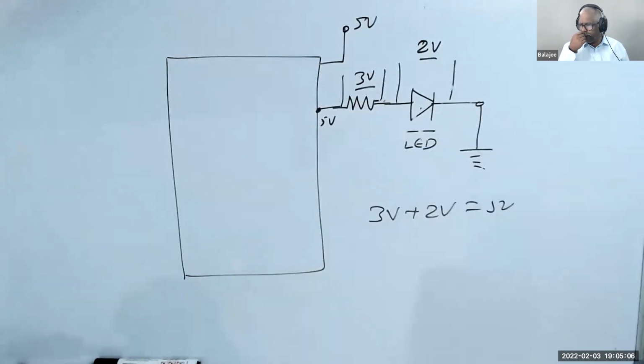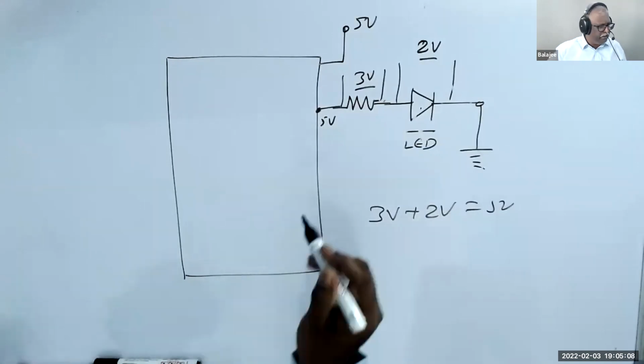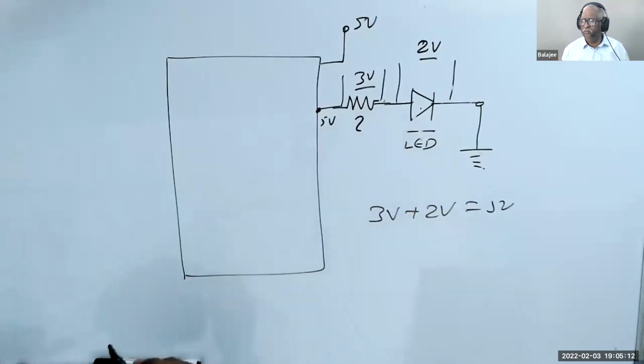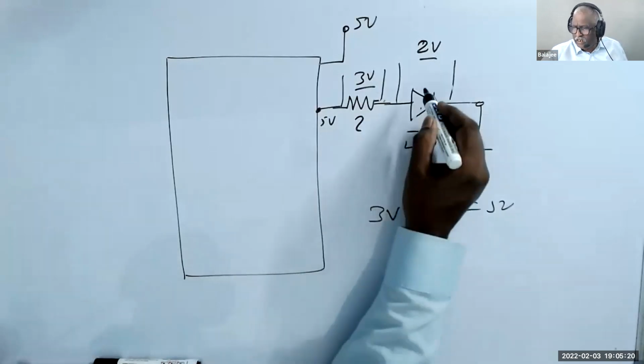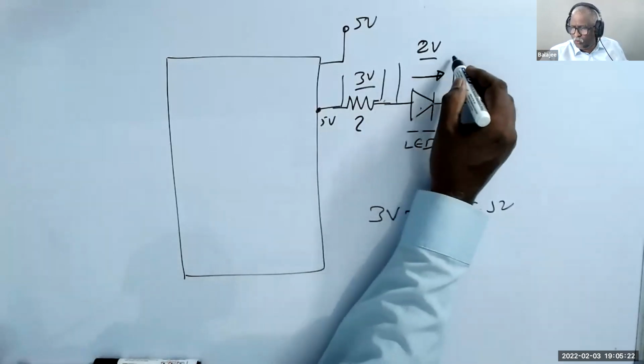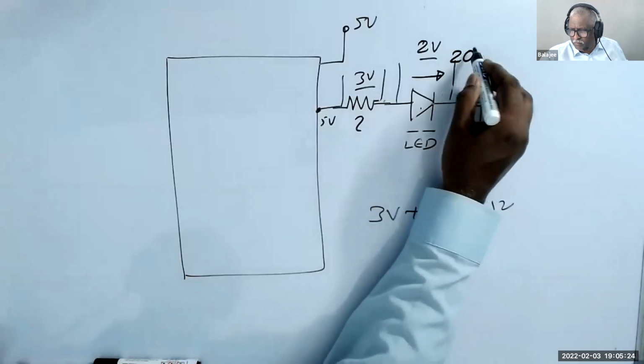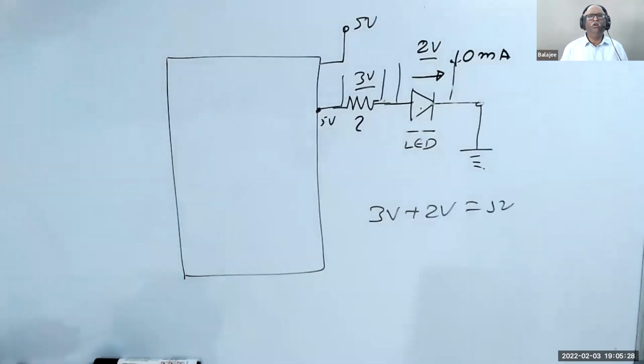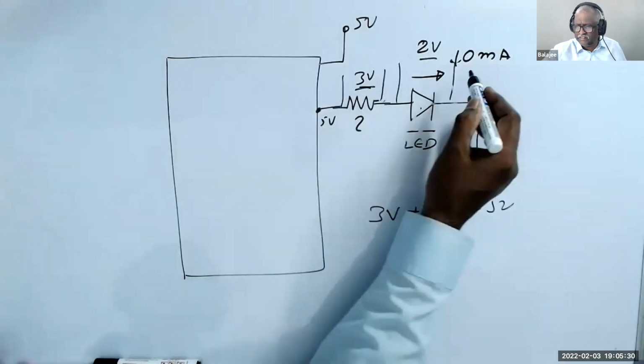Now, how do you find the value? That's a trick. Since this is 3 volt and this LED can withstand up to 10 milliampere, you apply 3 volts and the current is 10 milliampere.